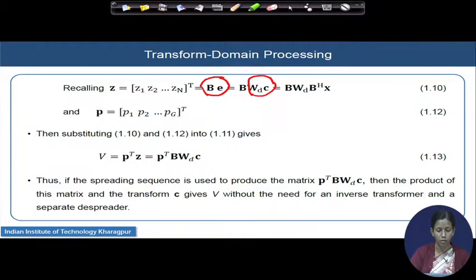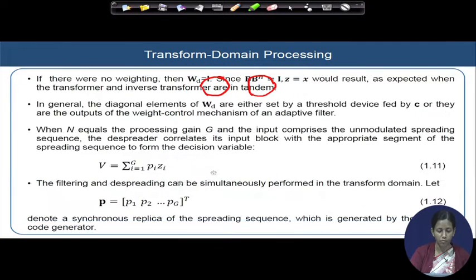If I put both values into V, then V will finally be obtained as P transpose Z, and Z is again B W D into C. So, V was the final decision variable about the transmitted message.